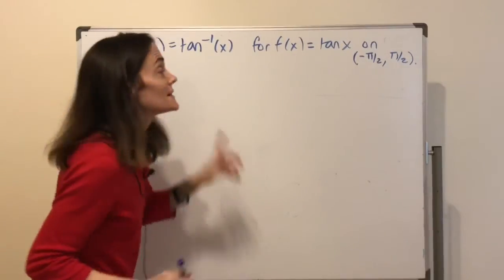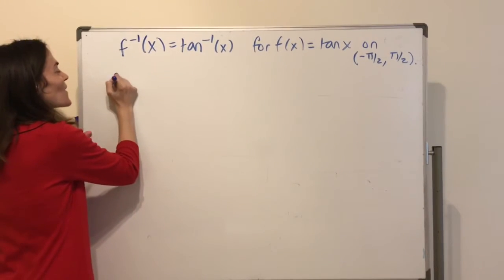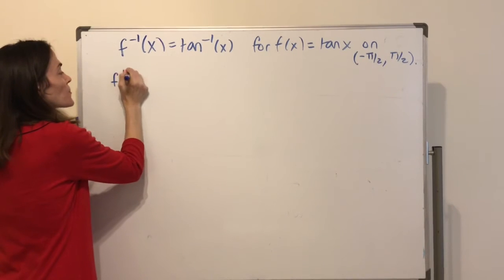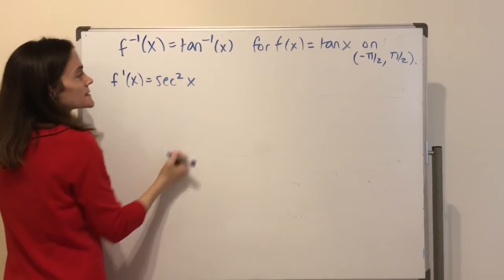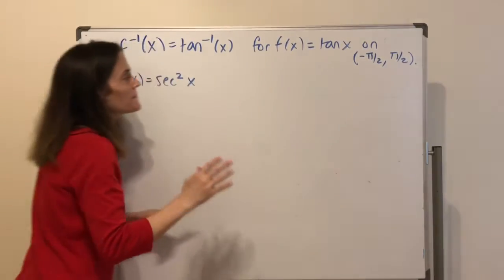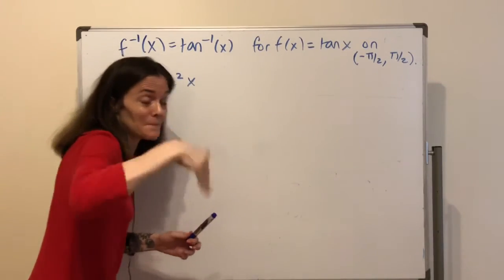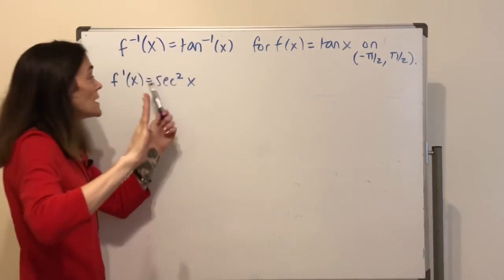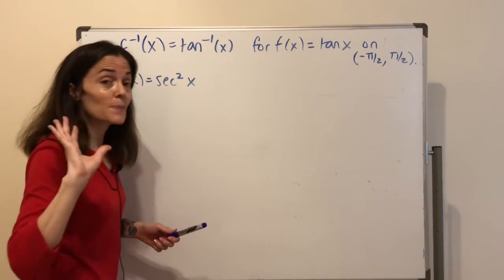Let's work with the inverse function theorem again. Okay, so we know f prime of x is secant squared x. Now again, just like when we were working with the sine, the open interval here is minus pi over 2 to pi over 2. Secant squared is always positive.